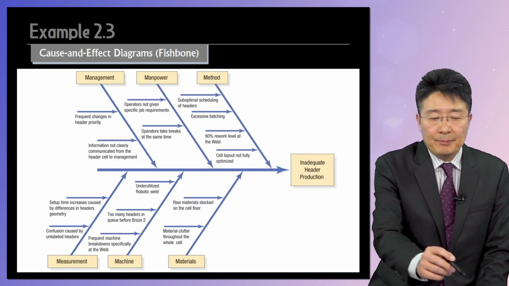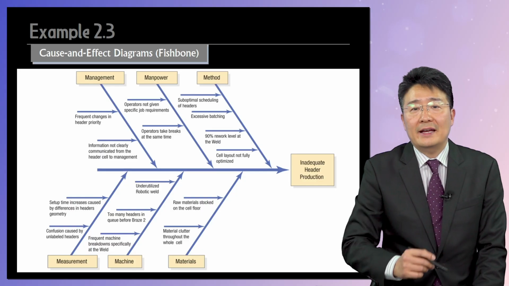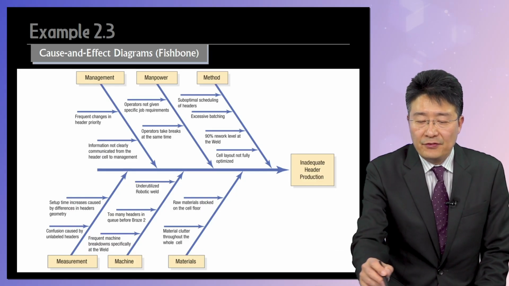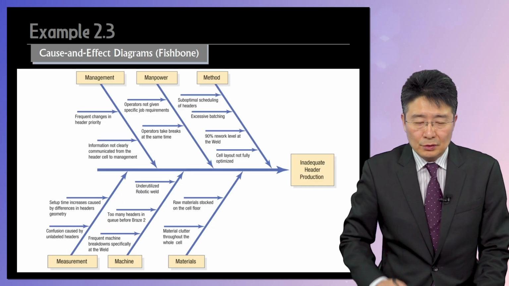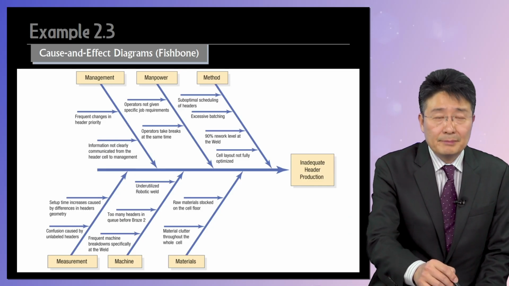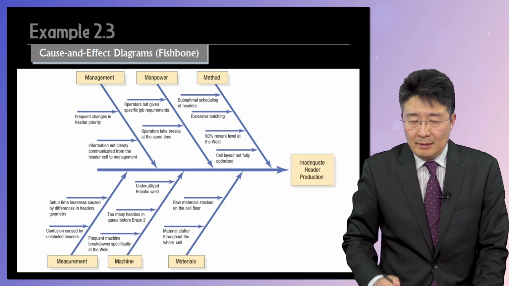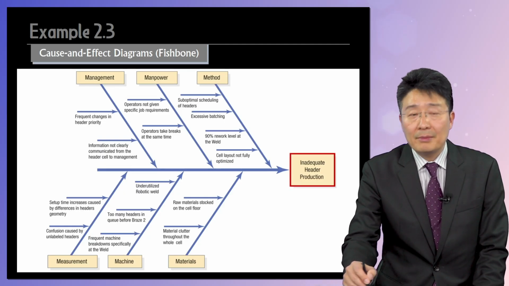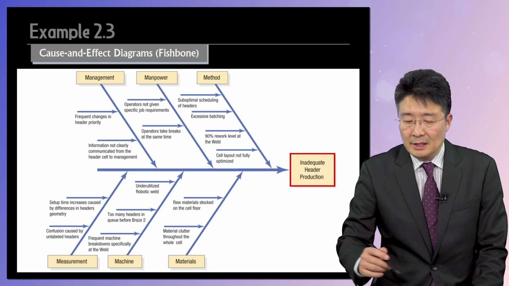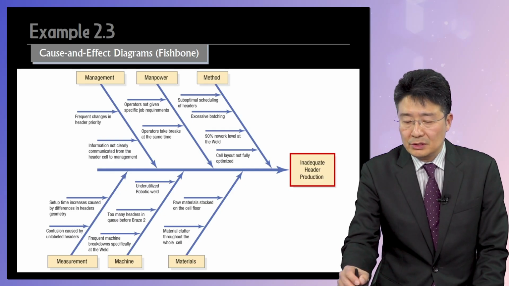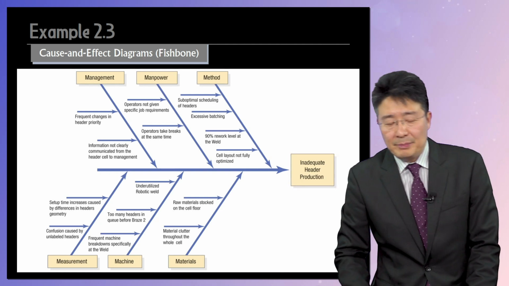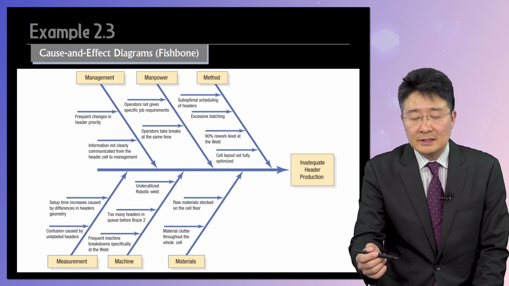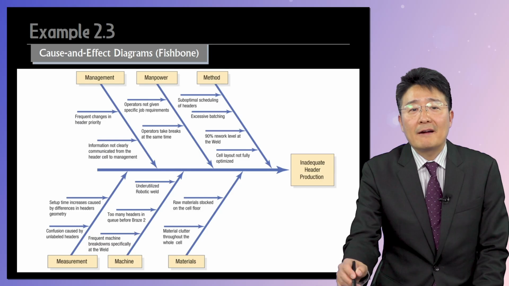This is one example of cause and effect diagrams, which is called fishbone diagram. I'm sorry to put this manufacturing example, but this is the problem in this situation: inadequate header production. So there may be several reasons to cause this problem.